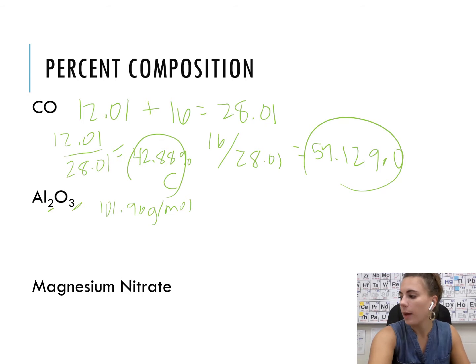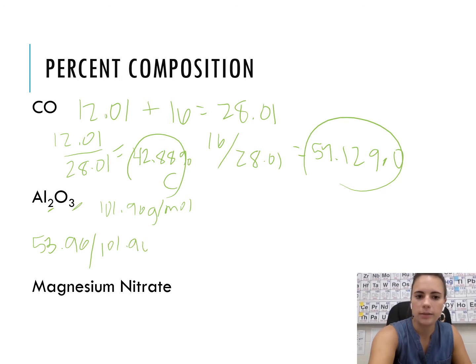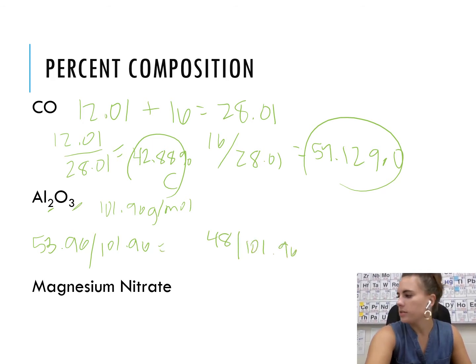So I have to multiply that number by 2. So I get 53.96 divided by 101.96. And then for oxygen, I have 48 divided by 101.96. And so I get that this is 52.92% aluminum and 47.07% oxygen.